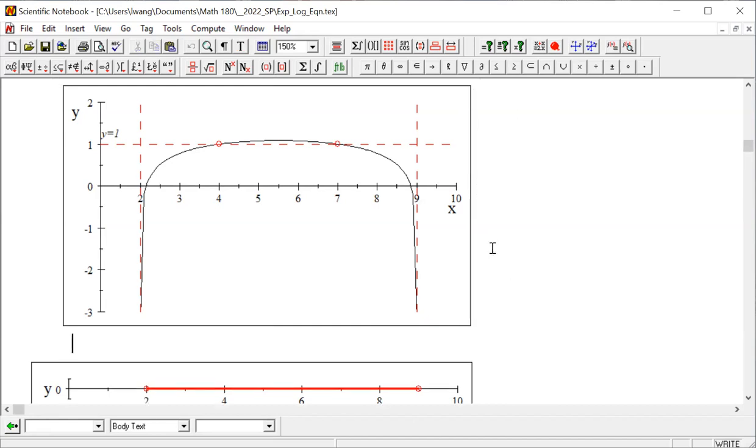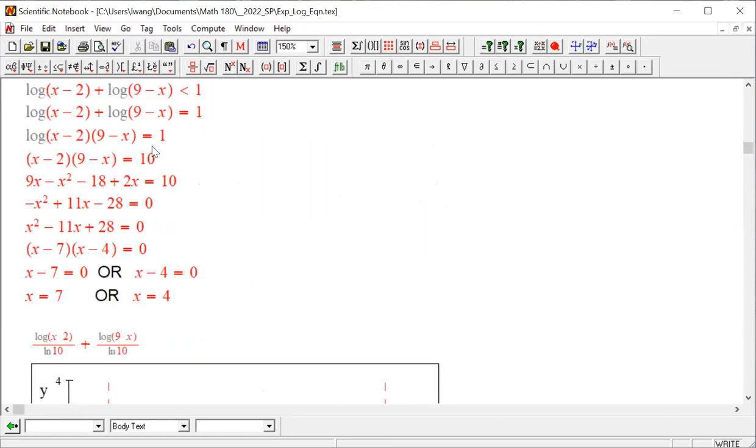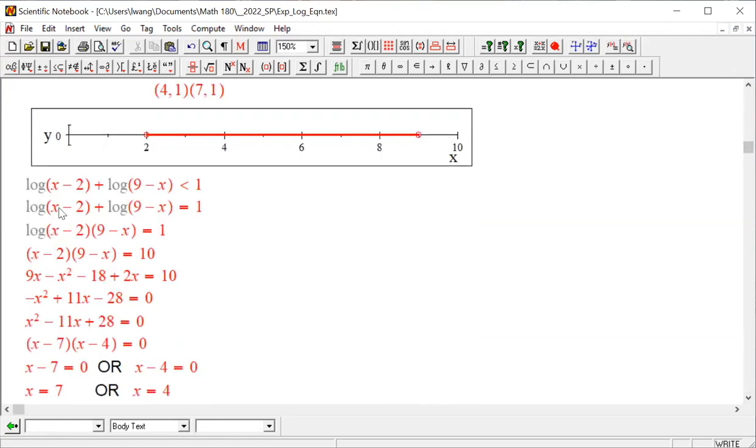Okay, so that's the interpretation. So we have 4, 0, 7, 0, sorry, 4, 1 and 7, 1, because we set it equal to 1.